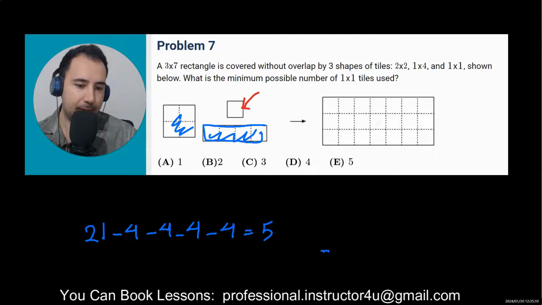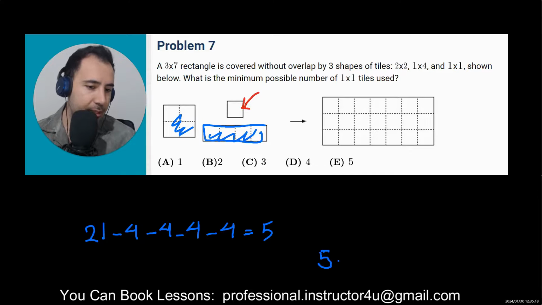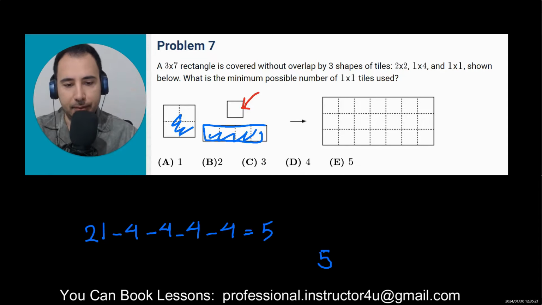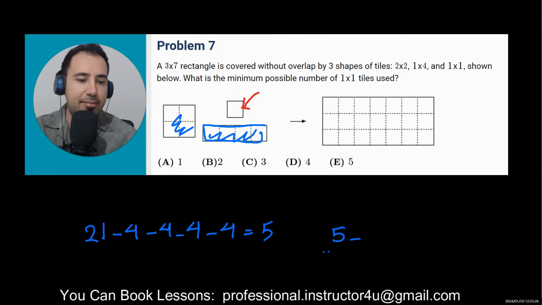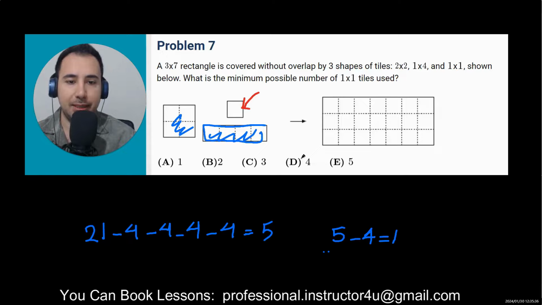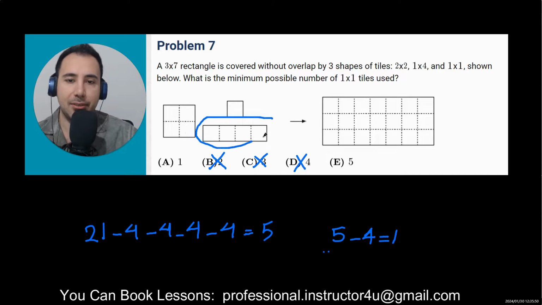Because we remove 4 each time, that means this number is not possible, this number is not possible, right? So if I can fit 4 of these shapes only, then my answer will be 5.